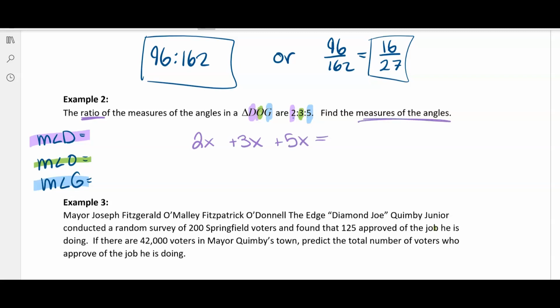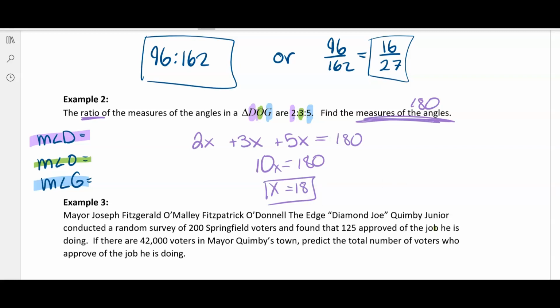We're talking about the measures of angles in a triangle, so that's 180. So we set that equal to 180 degrees and solve. We get 10x equals 180, divide by 10, and we get x equals 18. Awesome.